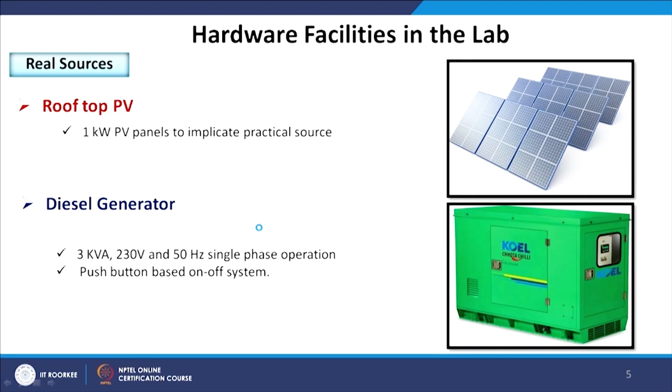So the sources are as high as 4 kilowatt of PV, 2.2 for wind, 1 for rooftop and 3 for diesel. Close to 10 kilowatt of source has been connected to the test bed. It is an interesting setup, very nicely handled, with 10 kilowatt capacity.